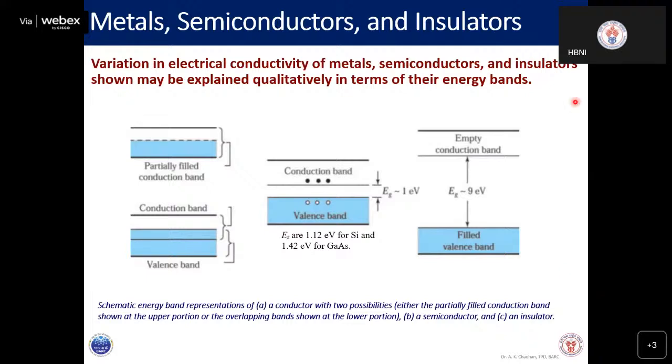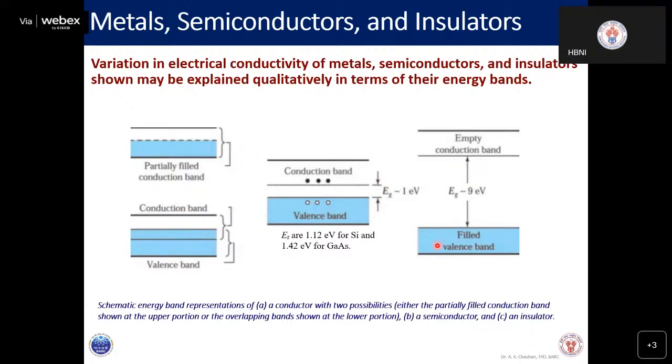However, in the insulator case, there is a large gap of more than about 5 to 6 electron volt. Then there is absolutely no electron in the conduction band, and the valence band is totally filled. Semiconductors have conductivity in between these two, and the energy gap also lies between them.